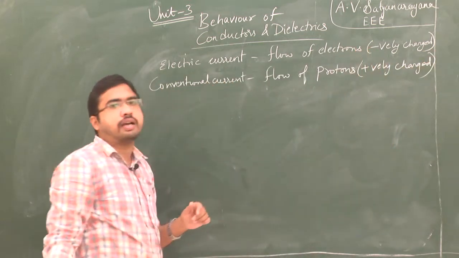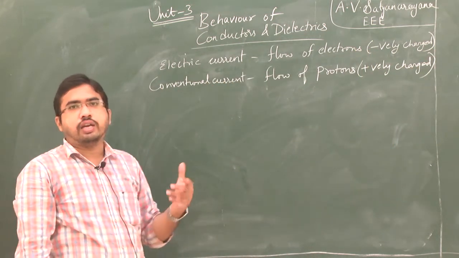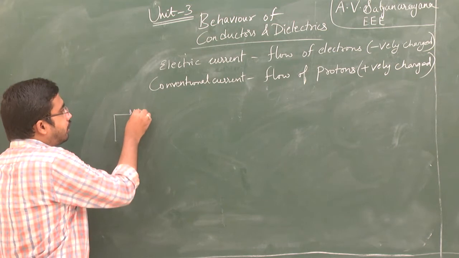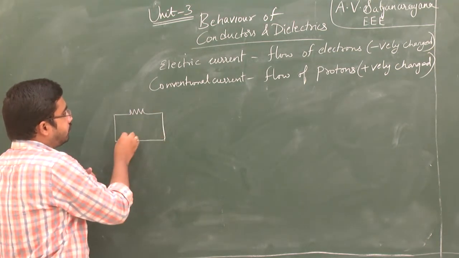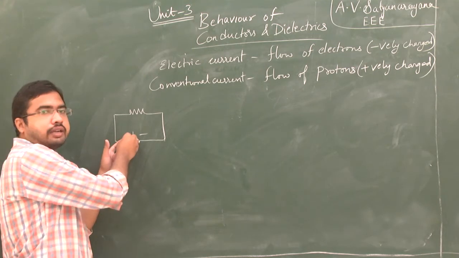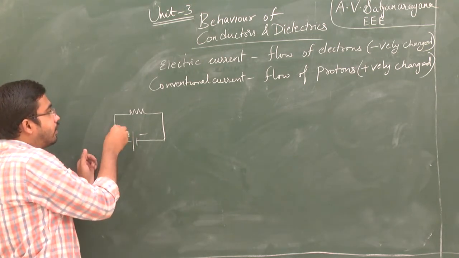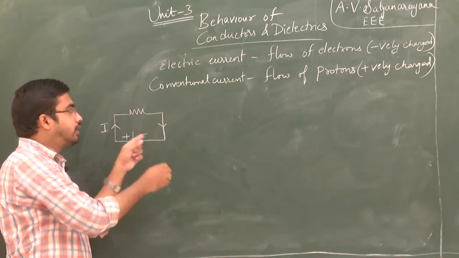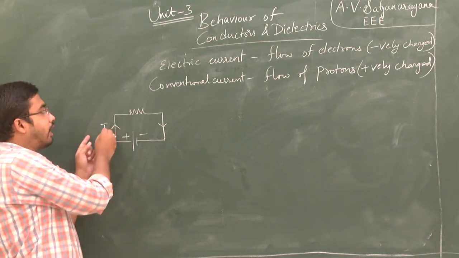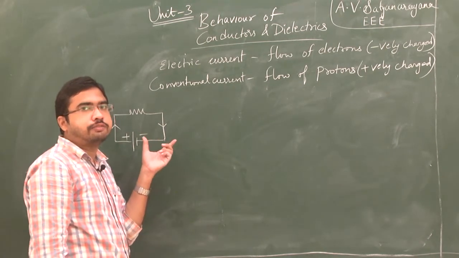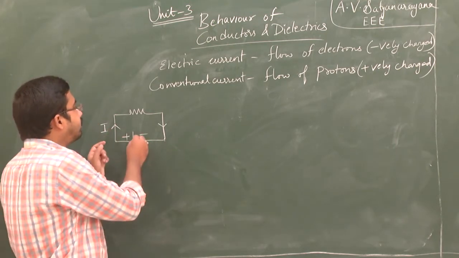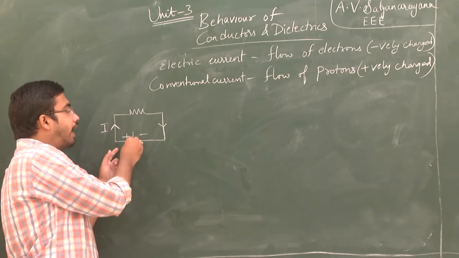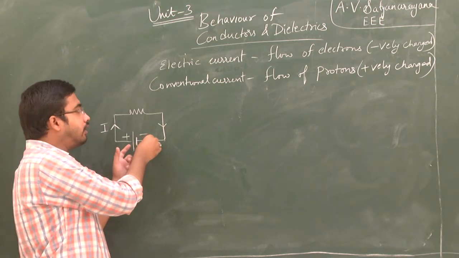Generally while solving problems in circuits or any other subject, if there is a circuit like this with a source, then we consider the current flowing from positive polarity to negative polarity. That means high potential to low potential. This is the direction of conventional current. Conventional direction is the direction of protons, which says that current is flowing from the high potential positive terminal to the low potential negative terminal.